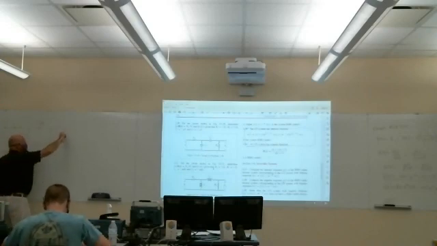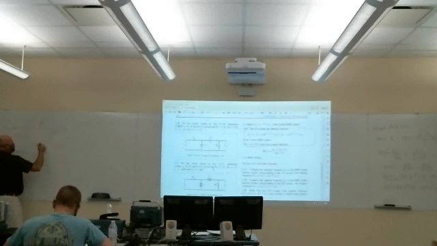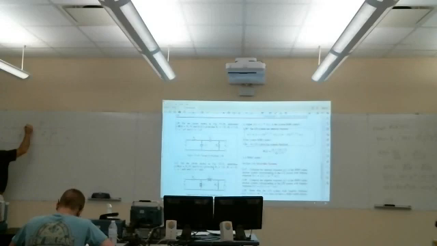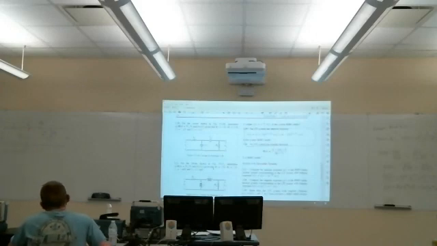It is an open circuit voltage, so there is no current flowing there. But I know that this current is going to be 1 amp. So this current would be 1 amp. I'm going to call that voltage Vx, or that node X, relative to my reference potential there at the bottom. I could call this VAB or something, but I'm just going to throw a reference point in there.